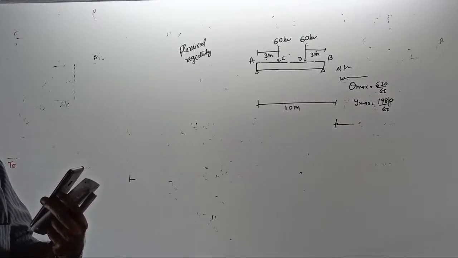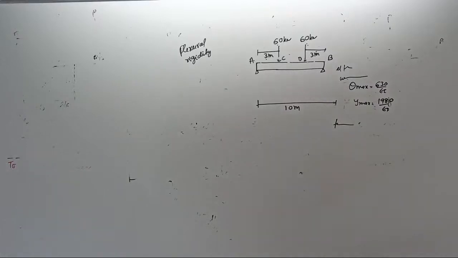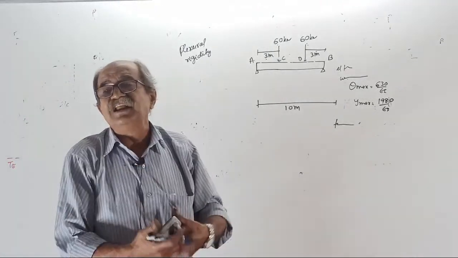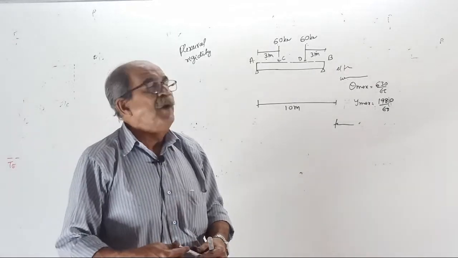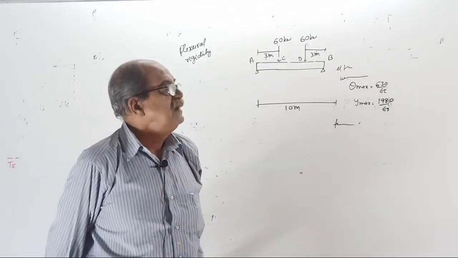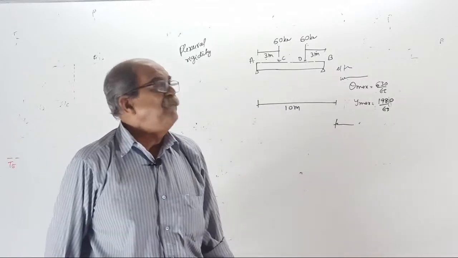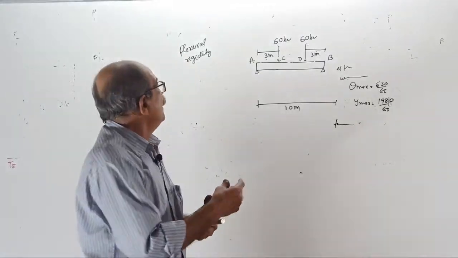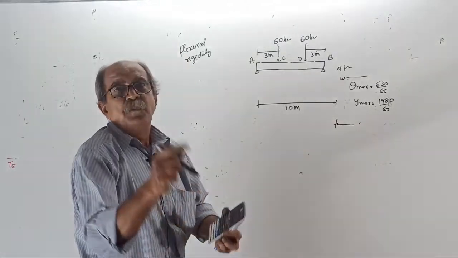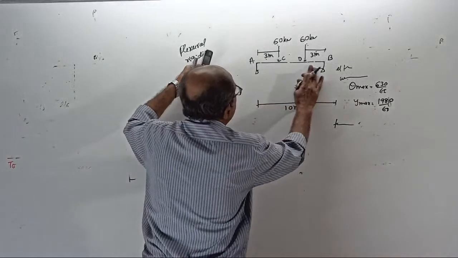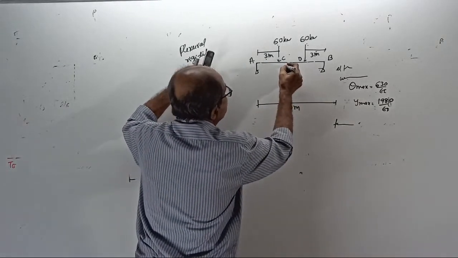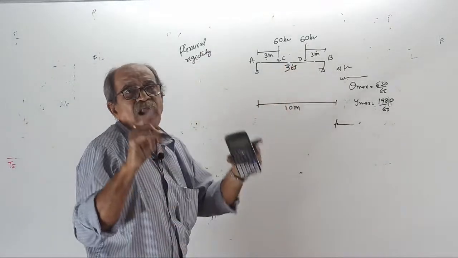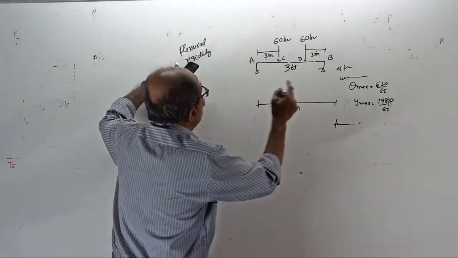First, EI. They told in the question, flexural rigidity of the beam cross section. So many people say of the beam. Nonsense. 90% of people say for the beam. It is not for the beam, it is for the beam cross section. For the beam cross section, between the load points it is 3EI and for the remaining portion it is 2EI.